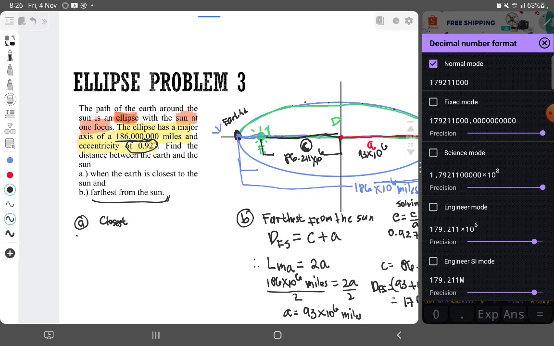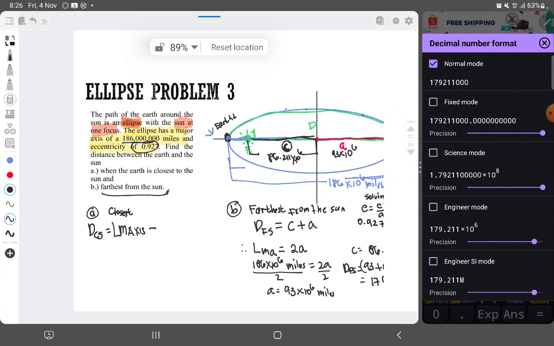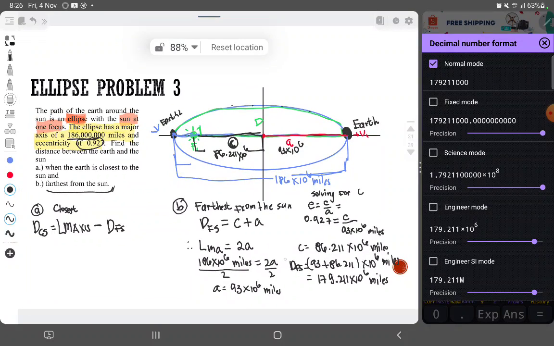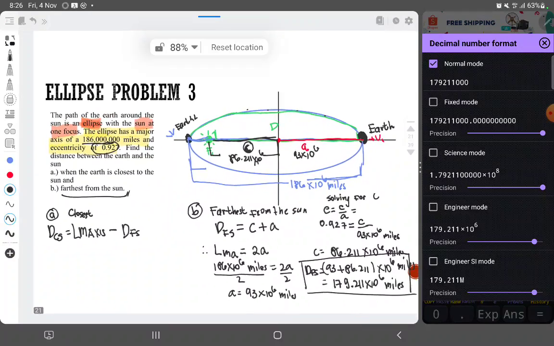So DCS is the length of our major axis less DFS, the distance farthest from the Sun, which was solved earlier as 179.211 times 10 raised to 6.